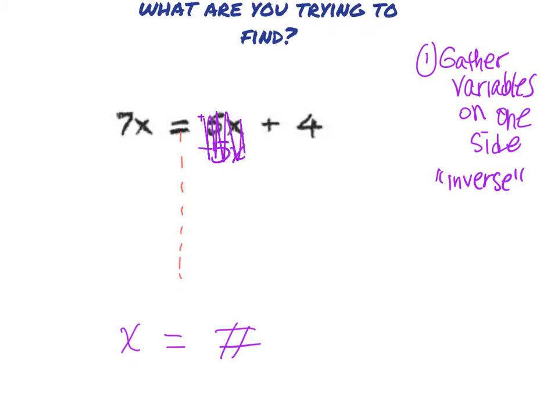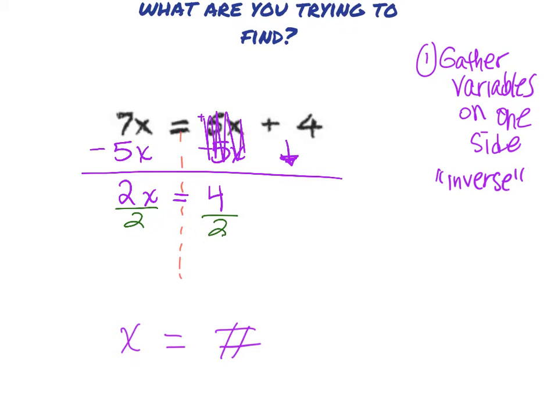But whatever you do to one side of the equal sign, you must do to the other. Otherwise, it doesn't remain balanced. 7x minus 5x is 2x. That's equal to, rewrite what doesn't change, positive 4. And now it's just a one-step equation. All I have to do is divide by 2. And I get x is equal to 2.